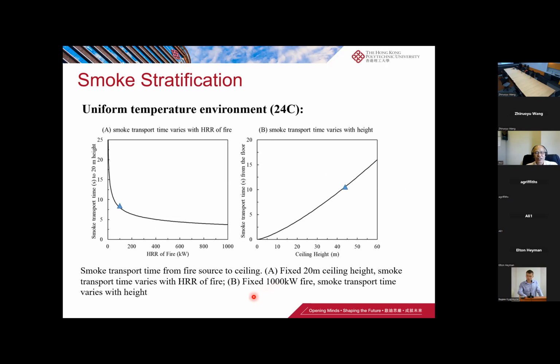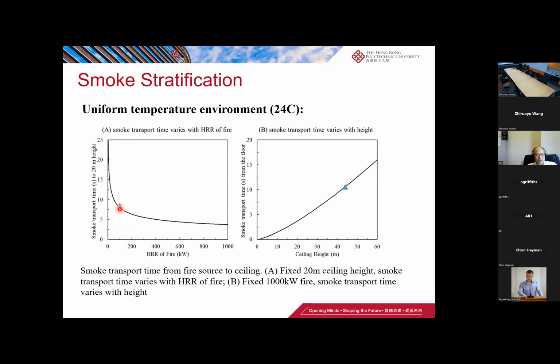So from here, we plot the situation for a uniform temperature environment for our airport terminal arrivals hall. This curve shows a 20-meter ceiling height. This is all for 20 meters height. It gives the heat release rate from the fire, and this curve tells you how long the smoke takes to rise to a certain height.